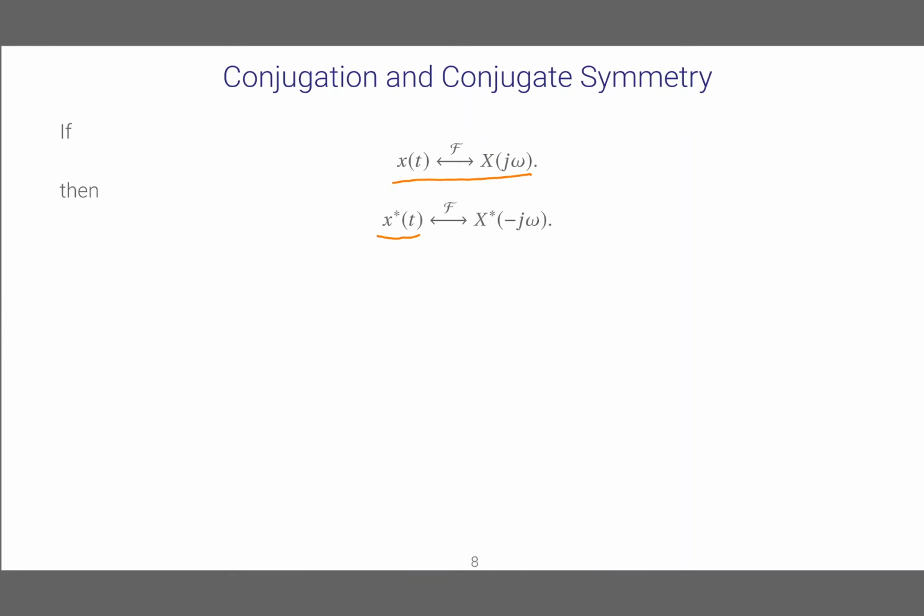We know that if we have some complex number like 4 plus j5, its complex conjugate is 4 minus j5. It turns out that the Fourier transform of the complex conjugate is X star(minus j omega). So in addition to conjugating X, we have to reverse the frequency axis.